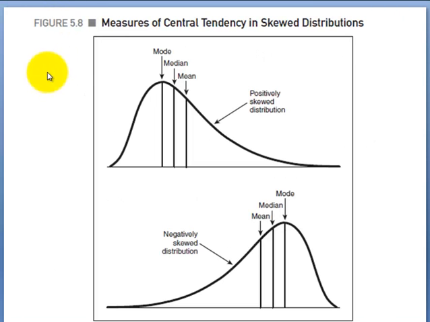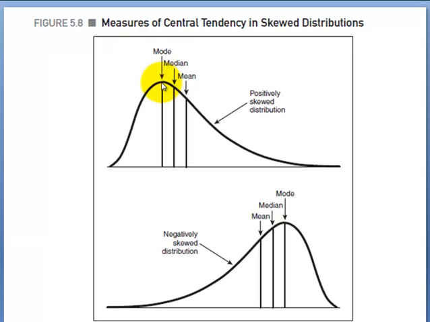If these lines weren't labeled, could you figure out which one conveyed the mode, the median, and the mean? I'll go ahead and work that through with you and for you. The mode is the most frequently occurring value, the most common value. So the high point of a curve, that's always the mode.